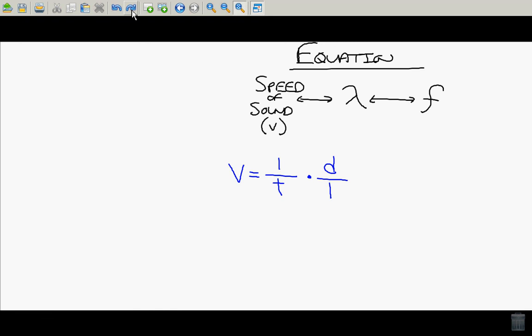So notice if we look at distance over 1, that's basically wavelength. Wavelength is measured in meters as a distance, so those two correspond together. And then frequency is basically how many vibrations per second. So what's happening every second that's going by, whether it's vibrations or the movement of some object.